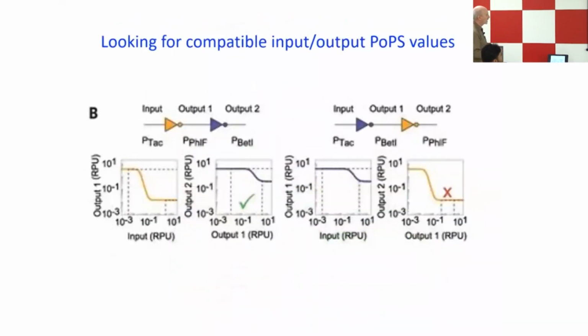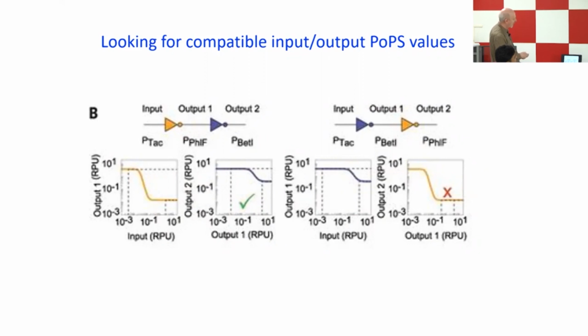Okay, so this is exactly what is represented here. For instance, imagine that you have two inverters, one after the other. Imagine that the input signal goes from here to here, and then the next one understands the signal from here to here.